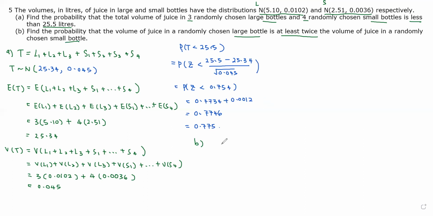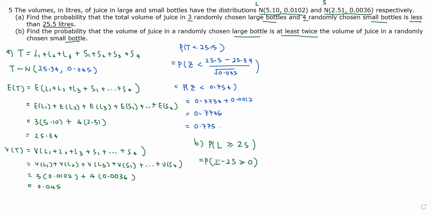So we need to find the probability that L is greater than or equal to twice, meaning 2 times S. To find this, we just rewrite the inequality as L minus 2S greater than or equal to 0. That is the probability that we need to find.